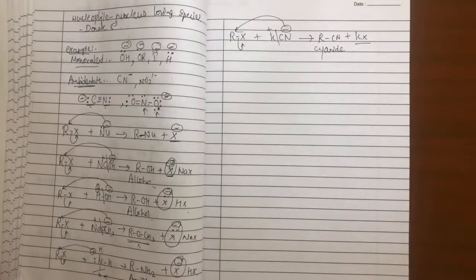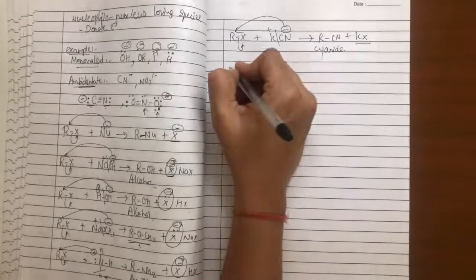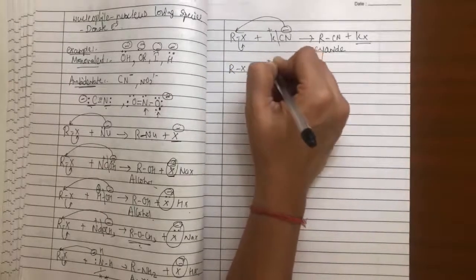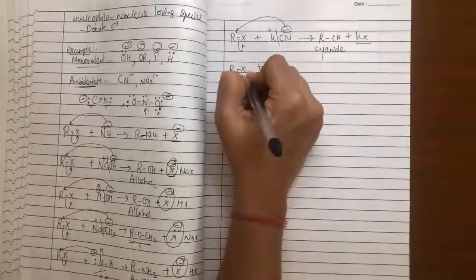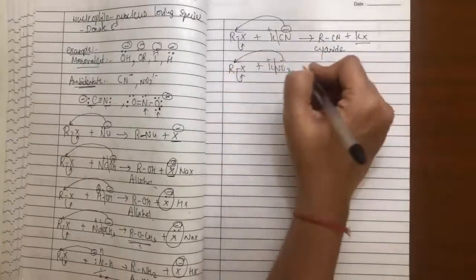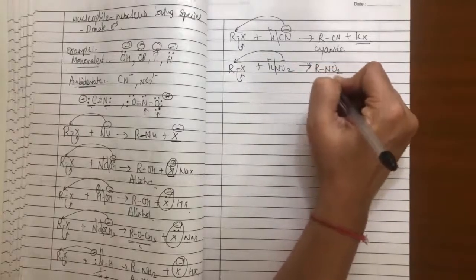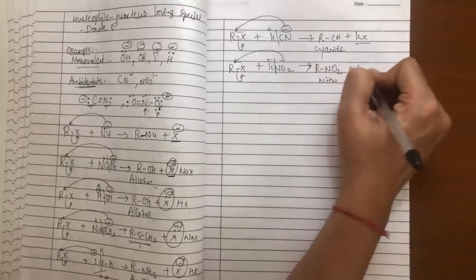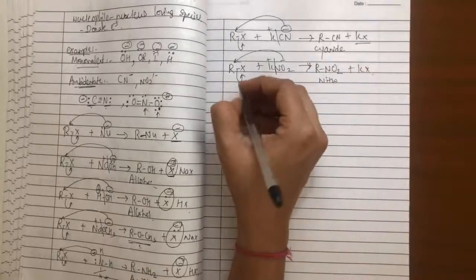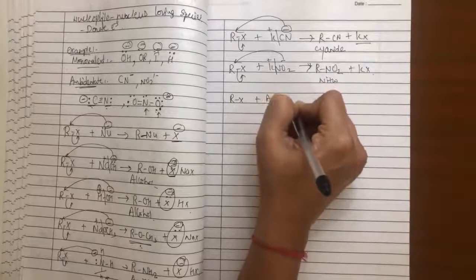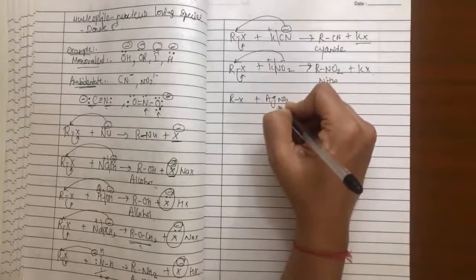Then if we talk about the next nucleophile, which is KNO2, potassium nitrite, RX plus KNO2. Again this cleaves into two parts, and the product formed is RNO2, nitro, plus KX. Same way, RX plus AgNO2, silver nitrite.